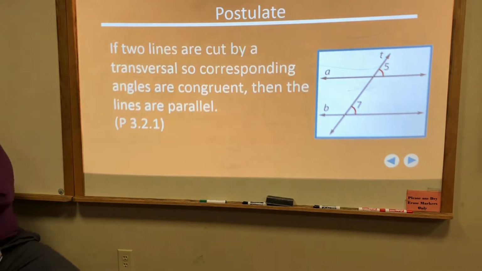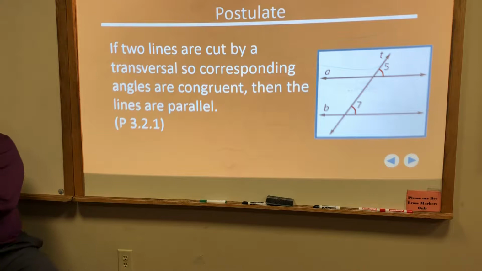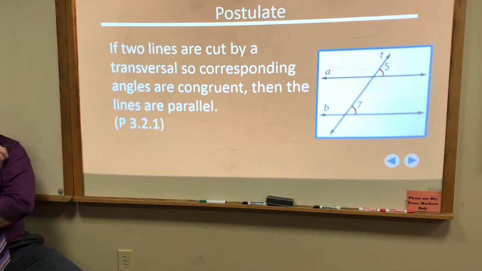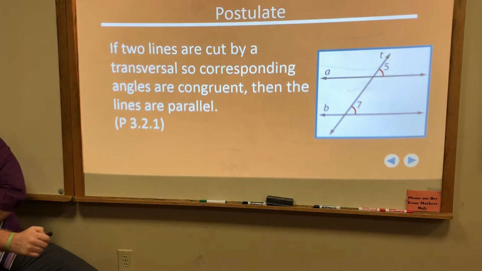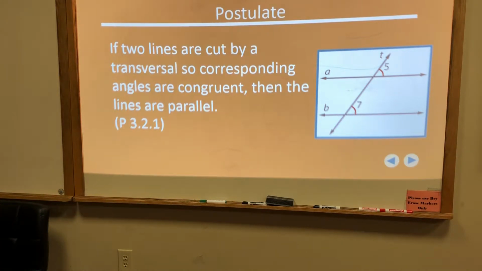So remember, if 2 lines are cut by a transversal and the corresponding angles are congruent, then the lines are parallel. Now remember, it's the converse of that other statement you learned yesterday. The other statement said if they are parallel, then the corresponding angles are congruent. Isn't it interesting? You can write it one way and write it the other way, and they both mean the same thing. It doesn't change what they are.